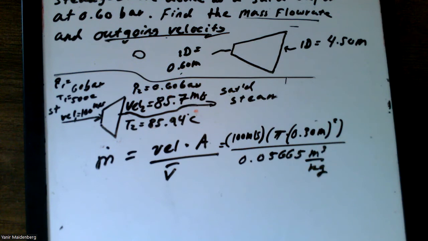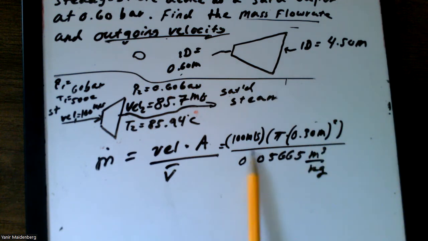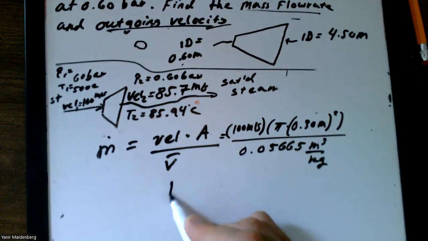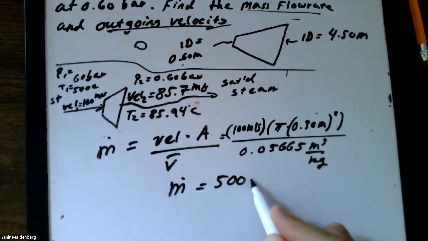Okay, and you will notice now that what cancels is I have meters squared times meters, that's meters cubed. The meters cubed cancel. Then the kilograms is going to be 1 over 1 kilogram. So it's going to be kilograms. And this thing is 1 over second, so it's going to be kilograms per second. And lastly, my m dot is about 500 kilograms per second.